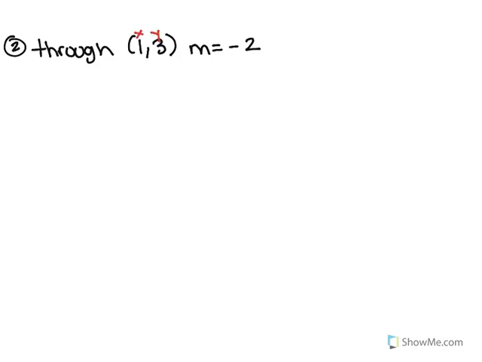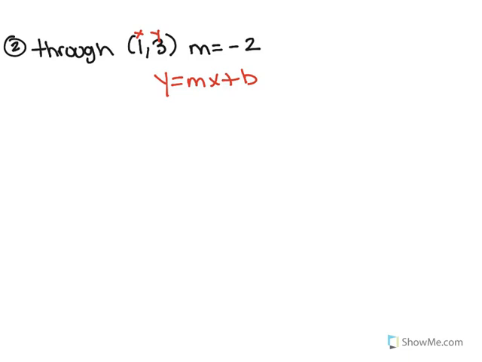So 1, 3 is a random point on that line. I'm giving you the slope. You don't have B. Does everybody understand that? 1, 3 is not your y-intercept. That's just a random point. So you're going to take those 3 numbers, plug them in to find the B. Does everybody, that's the process.